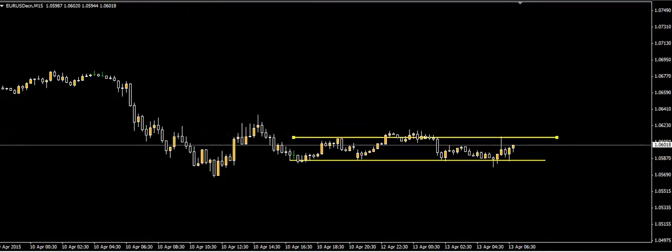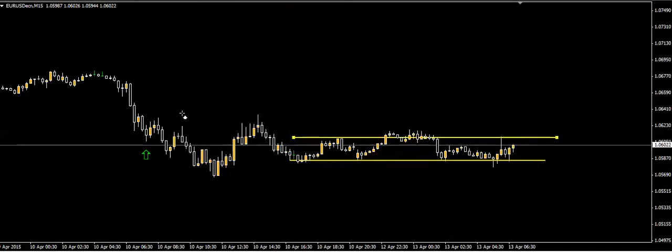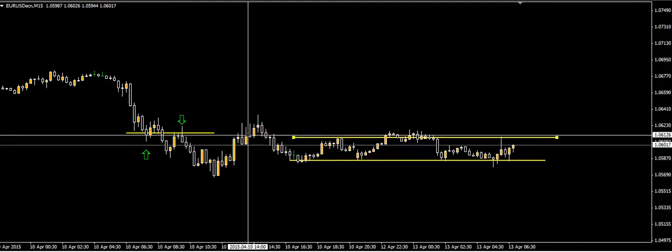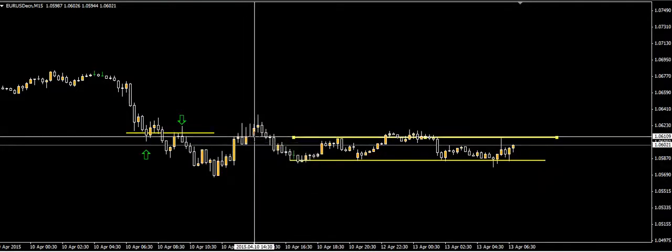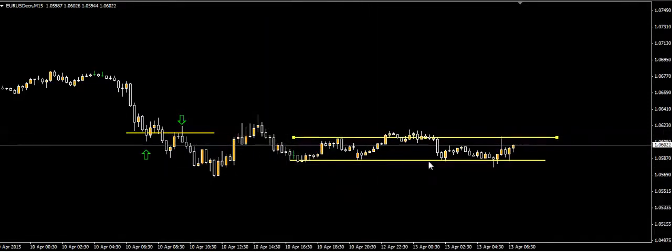So what we're looking for is strong areas of support and resistance within a line. And we can identify that by finding support and resistance just along this level here. So this level itself offers a decent resistance area where if the market breaks out, then we should expect a strong trend upwards.